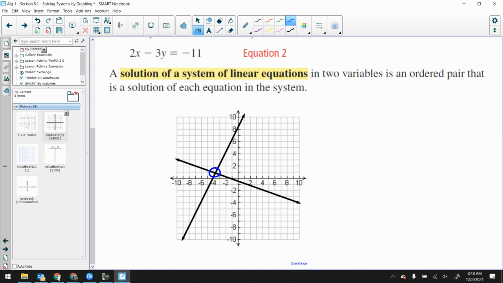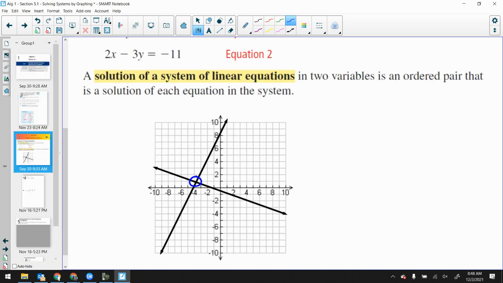We can estimate where it is, but we can't tell for sure. We would need more of an algebraic way to do that, which is what we'll talk about in sections 5.2 and 5.3. But if I ask you for the solution of a system, I'm asking you for an ordered pair. I'm asking you for a location. I'm asking you for the point of intersection.